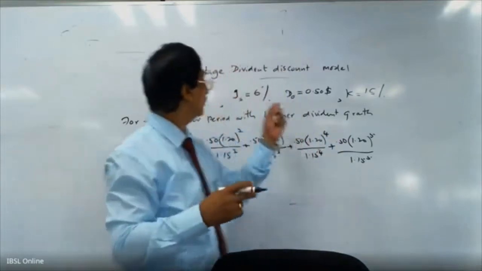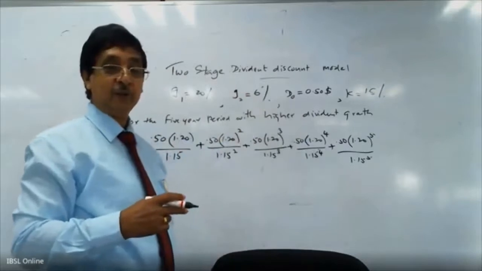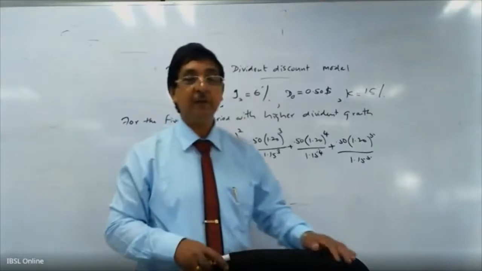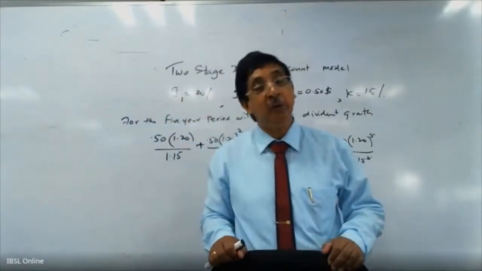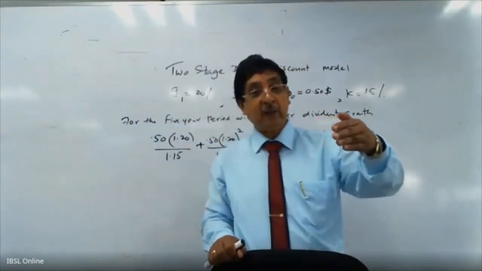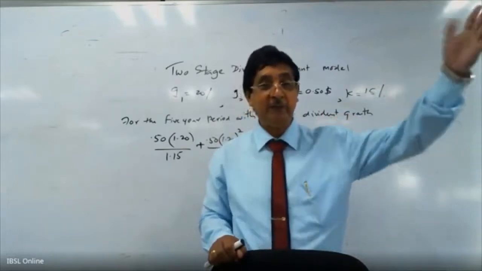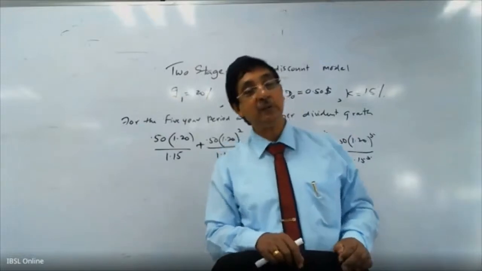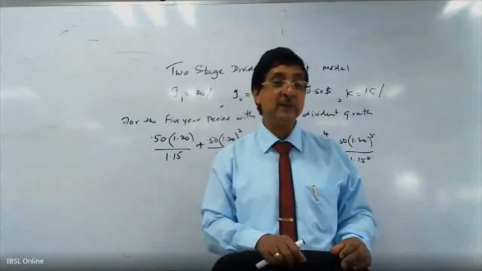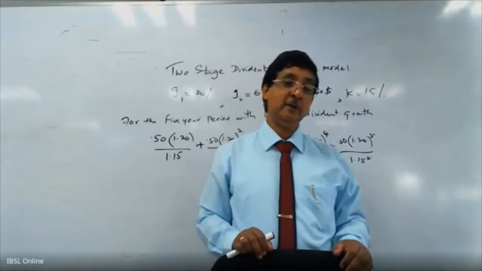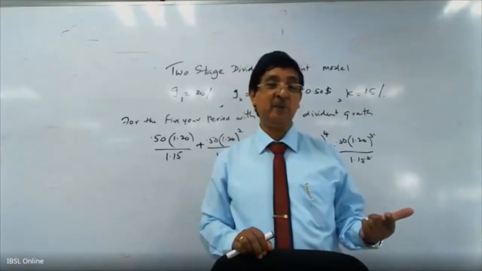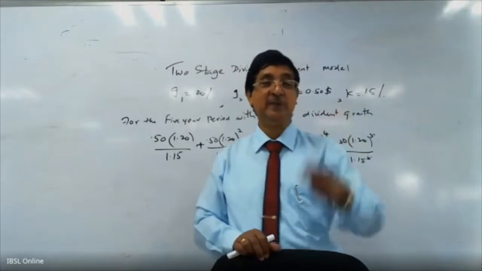So we can use the one-stage model to calculate the price at the end of the 5-year period, because at that time the dividend growth is not 20%. It would become 6%. So there we can use the one-stage model.